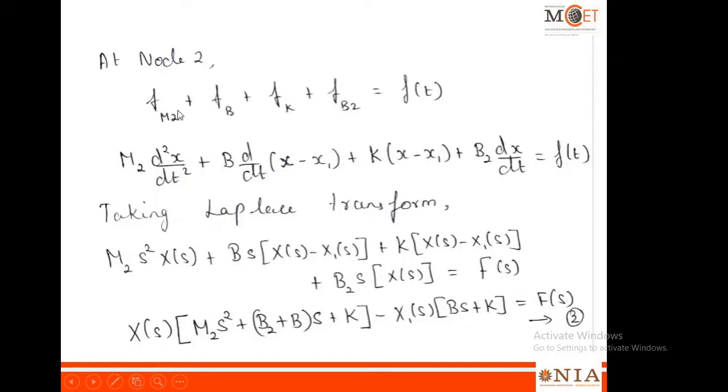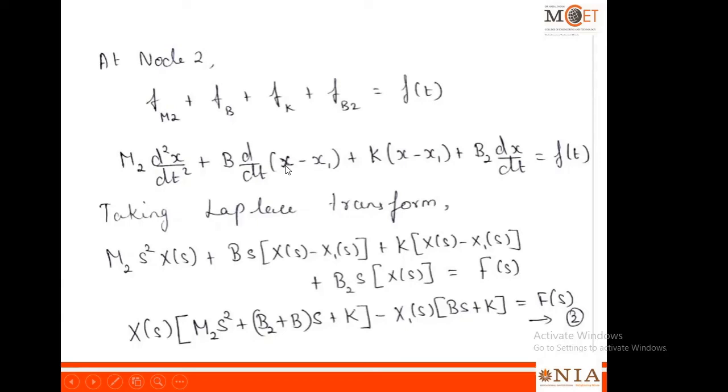So when you write the expression for Fm2, it is the mass m2 into d square x by dt square. This is the displacement of node 2, plus b into d by dt of (x minus x1), that is the displacement of node 2 minus displacement of node 1, because we are writing the equation for node 2.